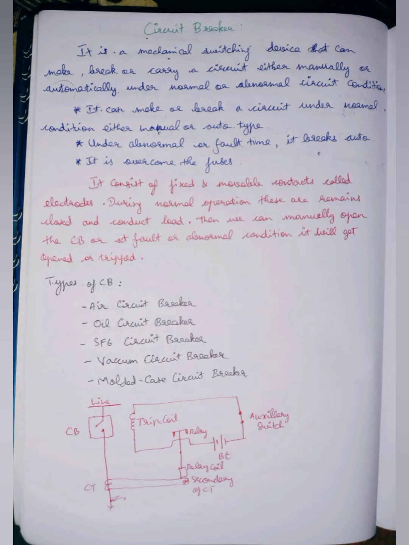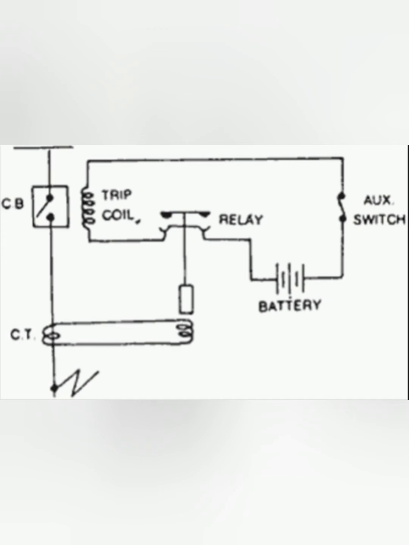So whenever there is any fault current or high current flowing, the trip relay automatically gets initiated, which means the relay will initiate the trip to your tripping coil, and the tripping coil will initiate the trip to your circuit breaker, and the circuit breaker gets opened. In this way, the circuit breaker operation will be done.